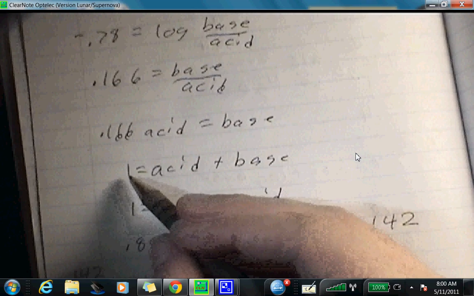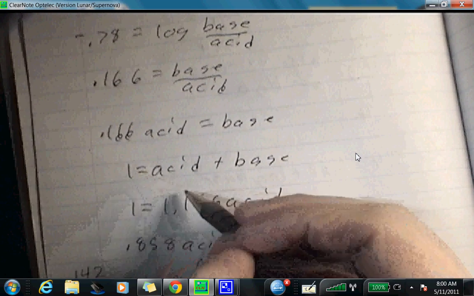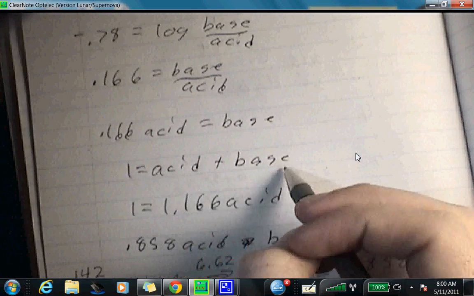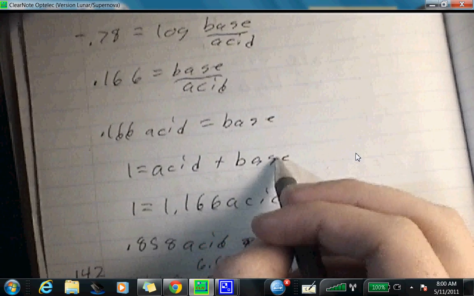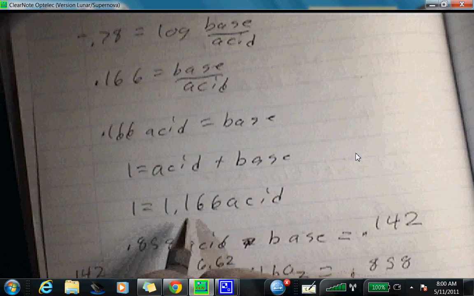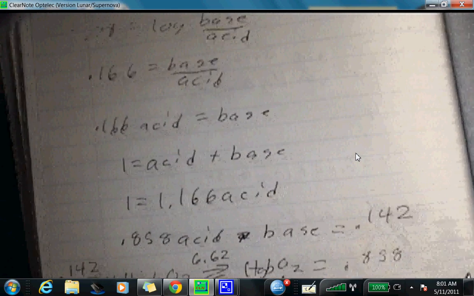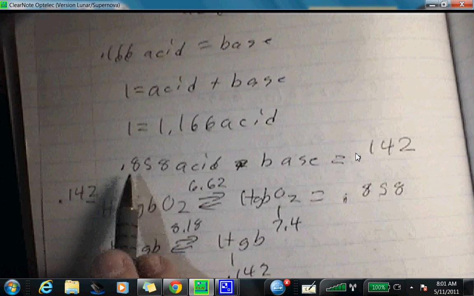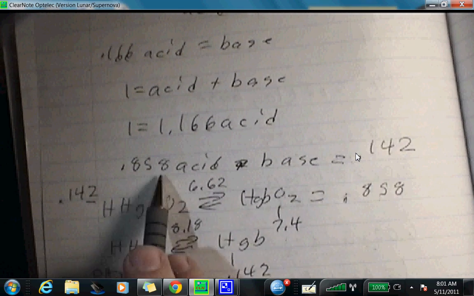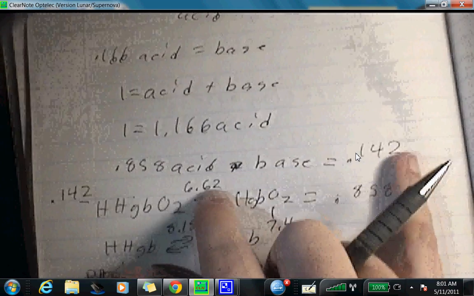And then we're also assuming 1 mole, again, acid plus base. So when you plug this into the base, you get 1 equals 1.166 acid. And then these are the two amounts that you get.